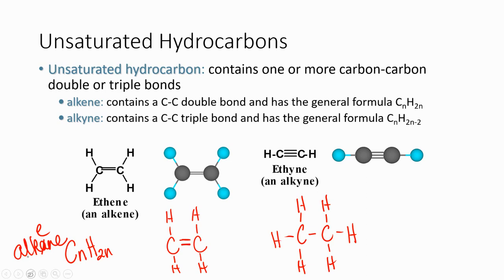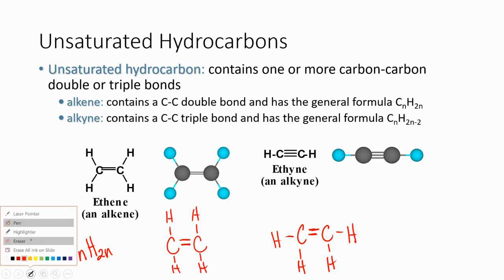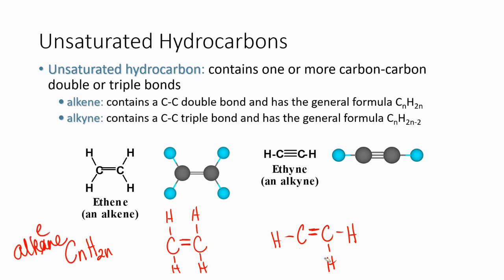If we look at a triple bond, let's start with ethane again and go ahead and erase 2 hydrogens. We'd be unsaturated. And we could put in a double bond, but we want a triple bond, so that means that we're going to have to erase 2 more hydrogens and replace that with a triple bond.